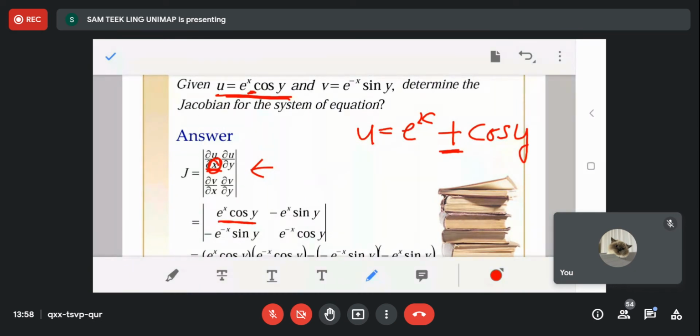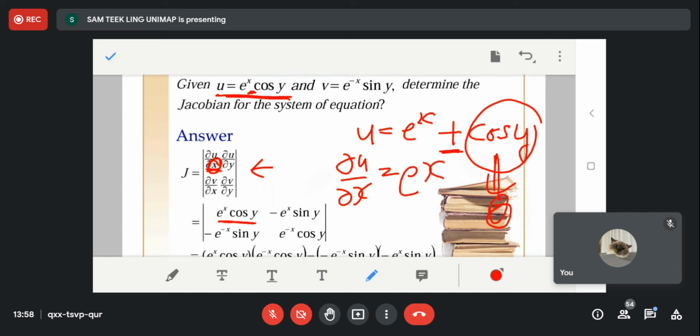So when you differentiate del u del x of the plus case, cos y differentiates to 0, so your answer is only e^x. But for our question, it's not exponential plus cos, it's exponential times cos.